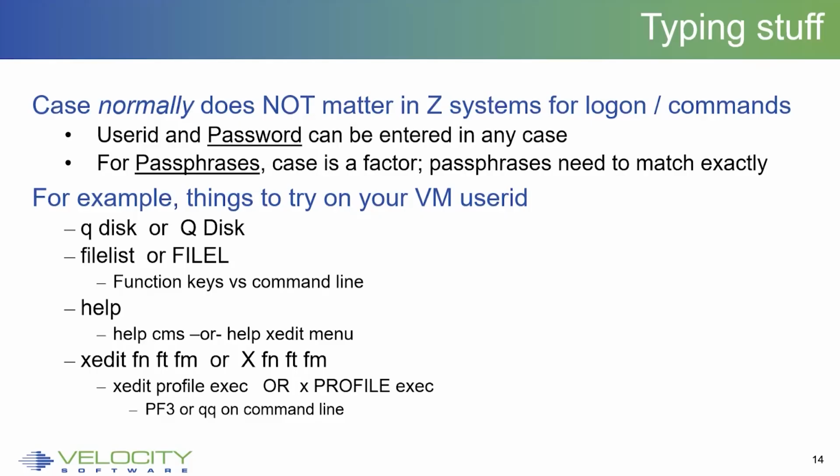They're all going to be translated to uppercase. If your system is built with passphrases, the very long strings, up to almost 200 characters, that can have spaces and all types of characters, then the case does matter. It's mixed case, so your passphrase has to match exactly.